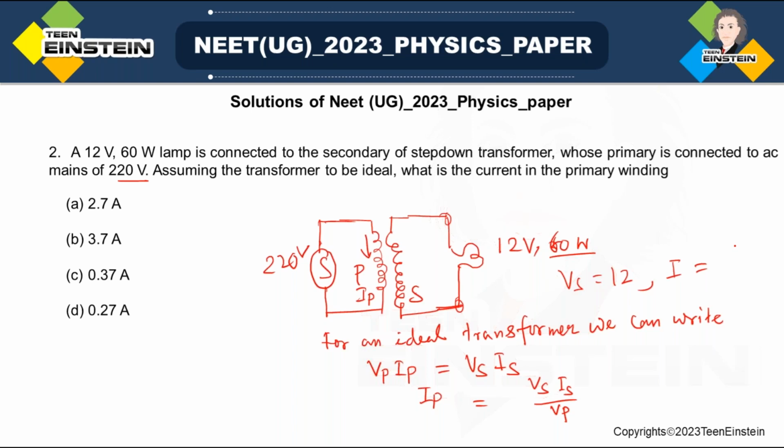Power is given, 60 by 12. This will be 5 ampere. IS will be 5 ampere. And VP is what? Here VP is 220 volt. So we have got VS as 12, IS as 5, and VP as 220.